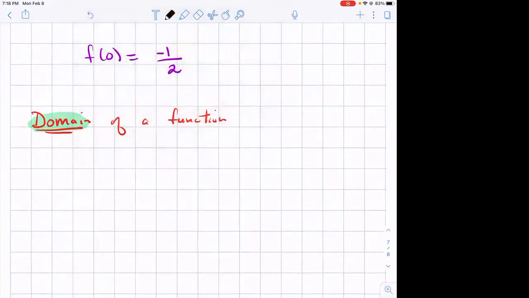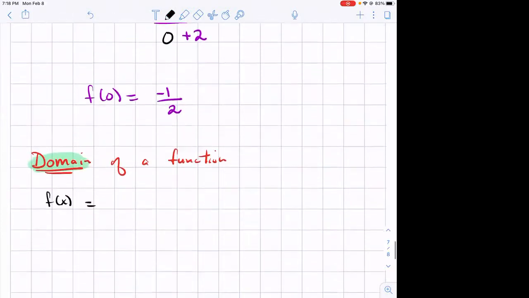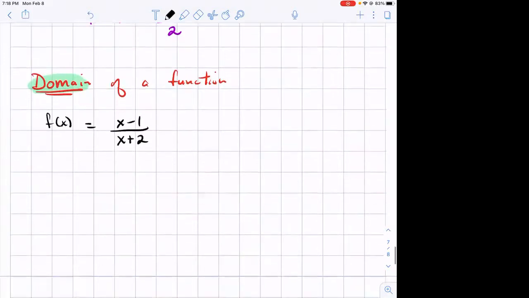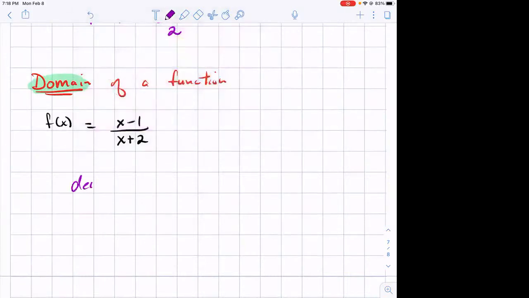So for example, if I give you the function f of x, and let's use the same function we had before, x minus 1 over x plus 2. And recall that denominators cannot be 0.